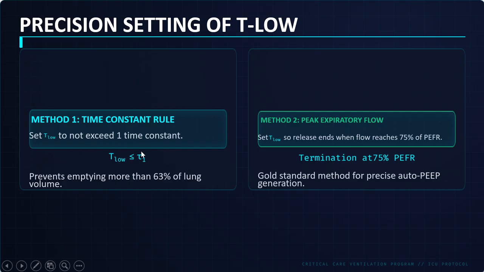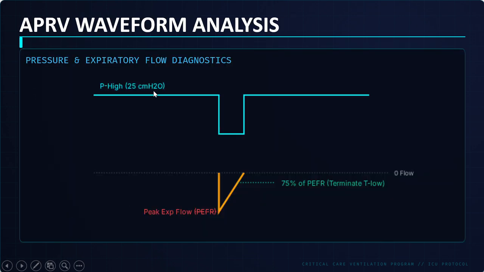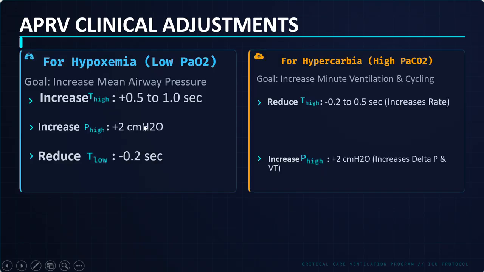I think it is easy to set T low by equaling one first time constant, and here in this diagram, pressure high 25, and when you reach pressure low, and this flow curve, peak expiratory flow, when it reaches 70%, 75%, the cycle returns back to P high and T high.